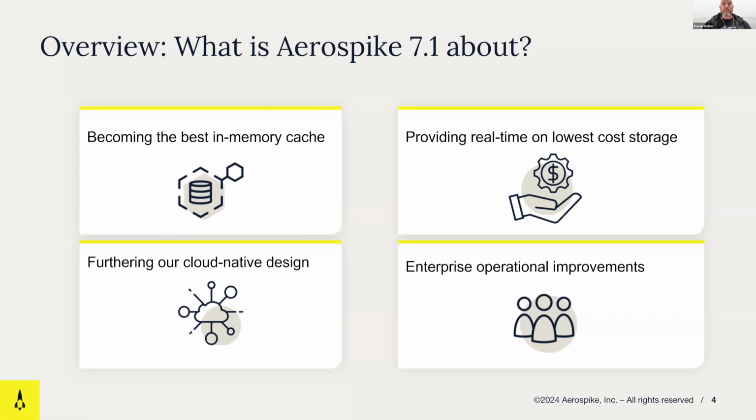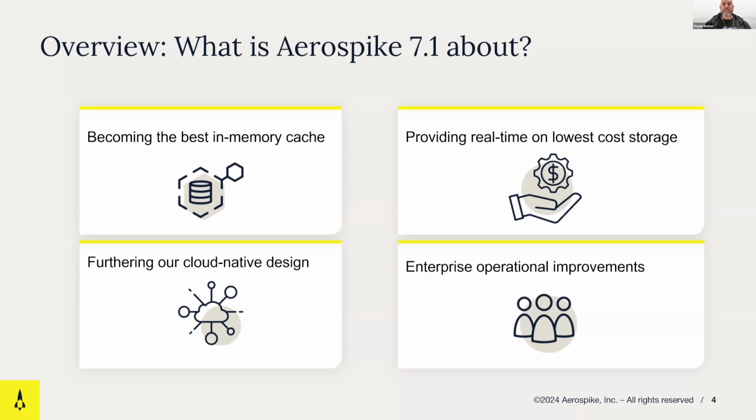So Aerospike Database 7 builds on that. One of the biggest changes in it is, just like we did the change for secondary indexes and before that primary indexes, the ability to put either of those indexes in one of three storage mediums: persistent memory or shared memory or SSD. You could choose that for either of them.